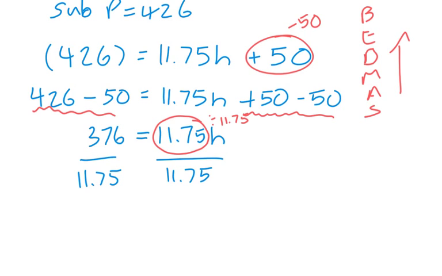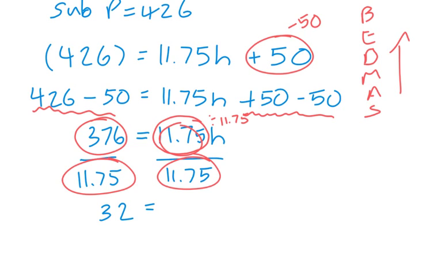If you take 376 and divide it by 11.75, your answer is going to be 32. Over on the right side of the equation, 11.75 divided by 11.75 is just positive 1. The h stays the same.